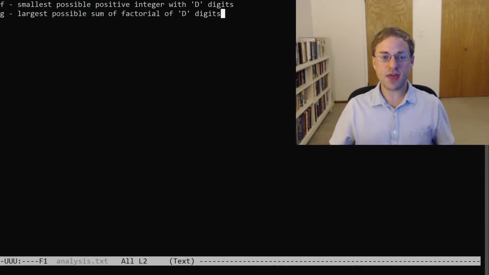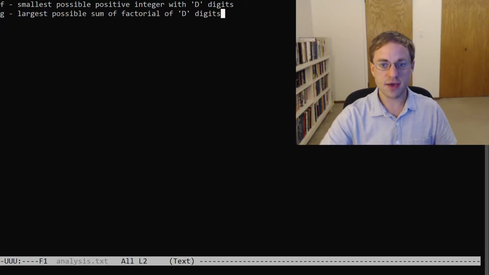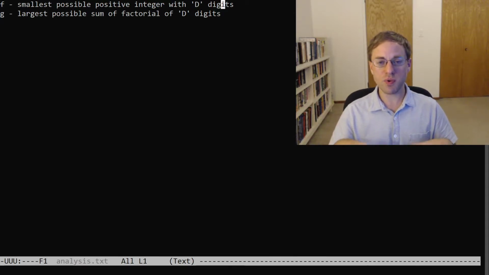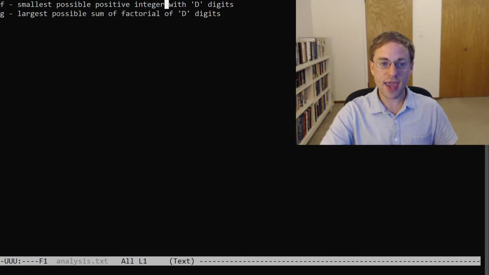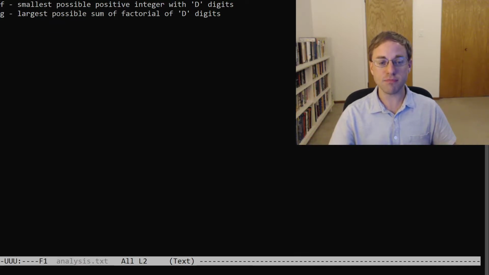And you'll notice that if we can show that beyond a certain point f grows larger than g, then we know that we will have no solutions beyond that point. That is, any number you pick beyond that point will produce a sum of factorial of digits that is smaller because g is smaller than f.